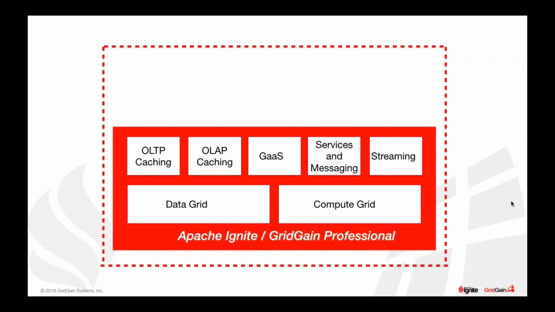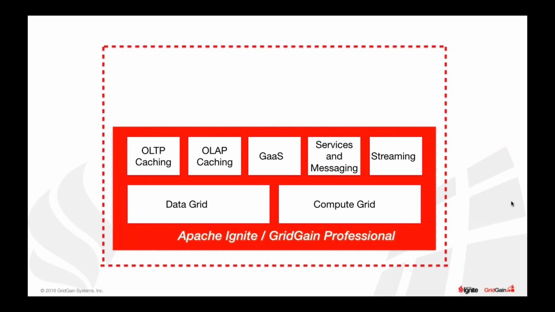The last one I call GAS, or Grid as a Service, and this is really where we see people being delighted with GridGain Professional and GridGain Enterprise, is that it will create a horizontal platform within your organization in the enterprise to use all your in-memory needs. So people will bring this in to solve a certain use case.